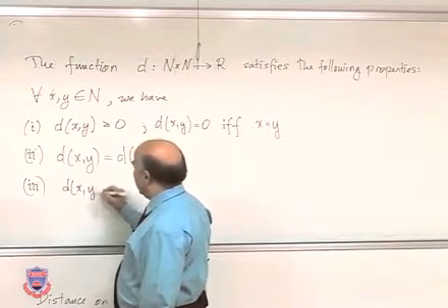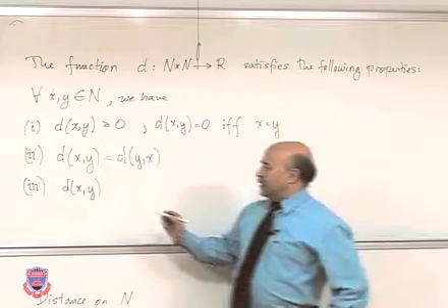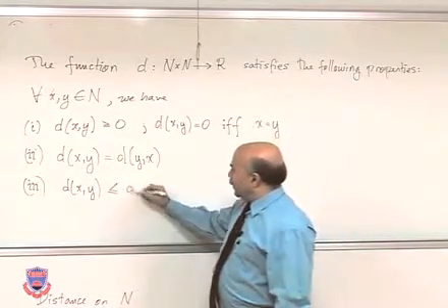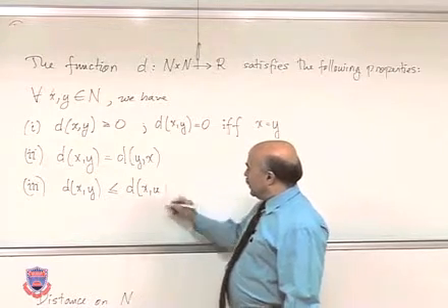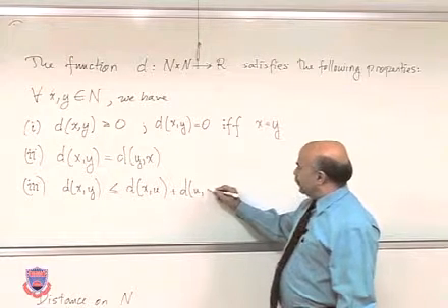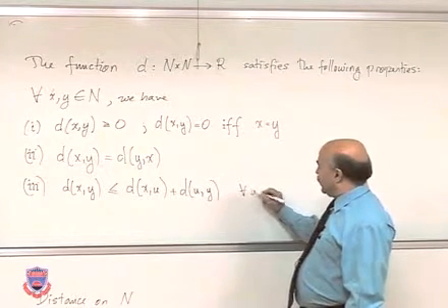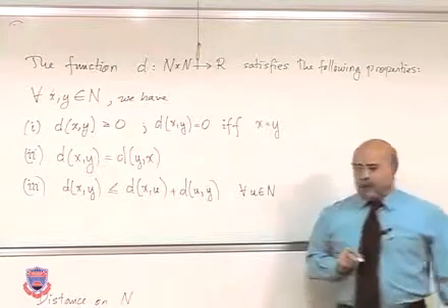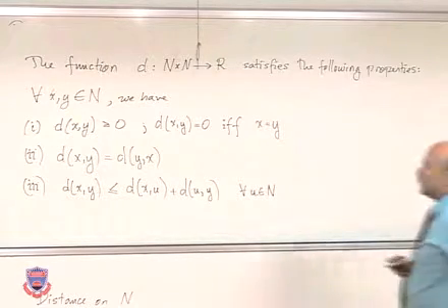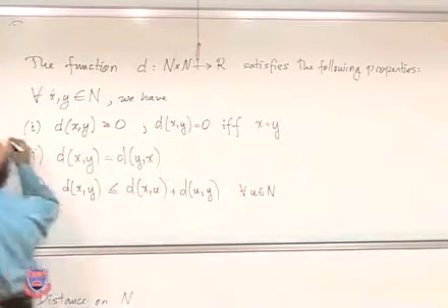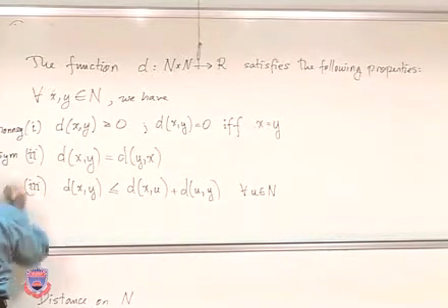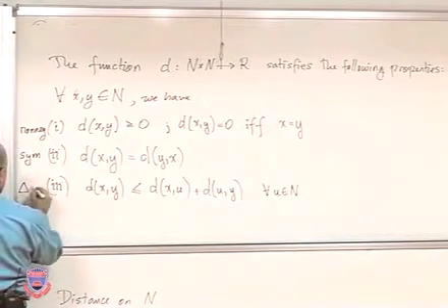The distance or the value assigned to pair xy is never any larger than the value assigned to xu plus the value assigned to uy for every u in N. It's always less or equal. So, non-negativity, symmetry, what else? Triangle inequality.